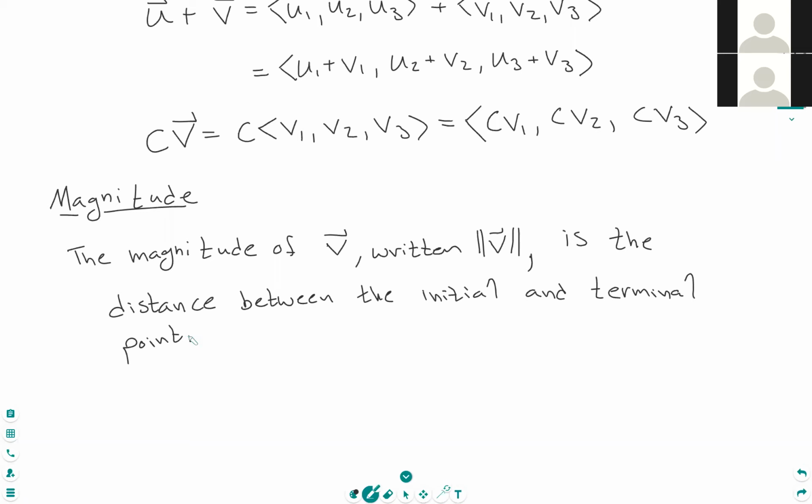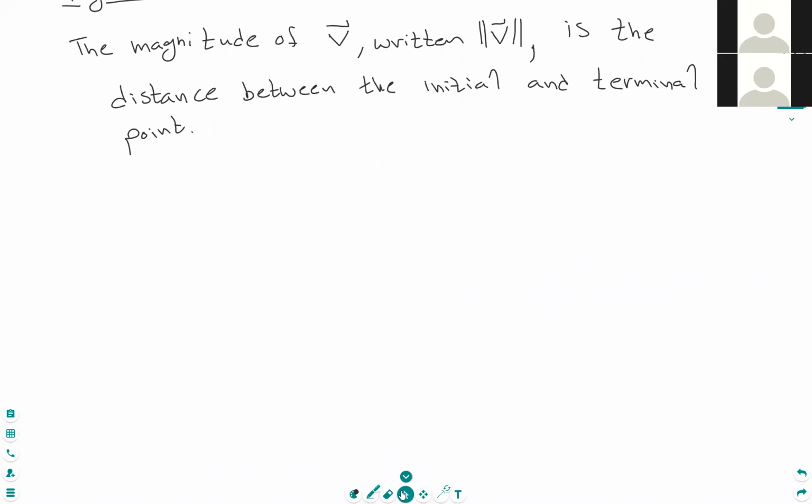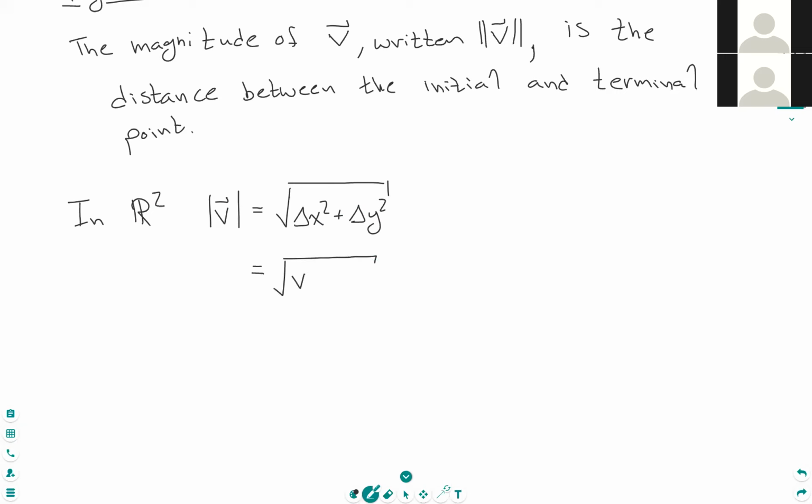So in R2, this will be the square root of the change in x squared plus the change in y squared. It should look pretty similar, right? And if we had the components v1 and v2, and our vector was centered at the origin, this is the square root of v1 squared plus v2 squared.